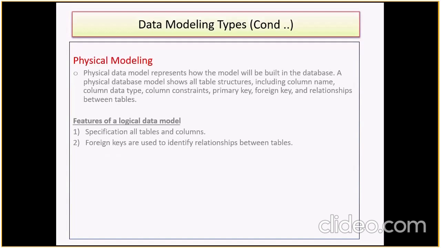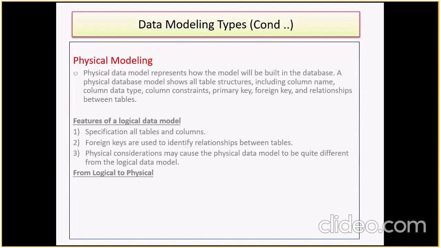When we talk about physical modeling, we talk about actual implementation, and in the database we don't call this an entity, we call it a table. So we need all specifications of tables and columns, primary keys and foreign keys, and relationships between the tables. As we discussed, different terminologies and different ways of handling make physical modeling a bit different from the other two models.